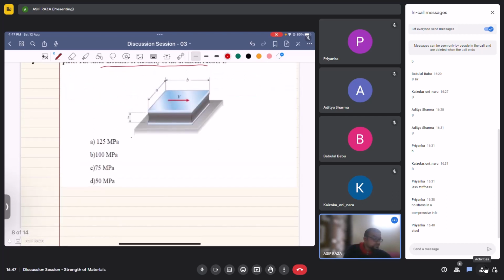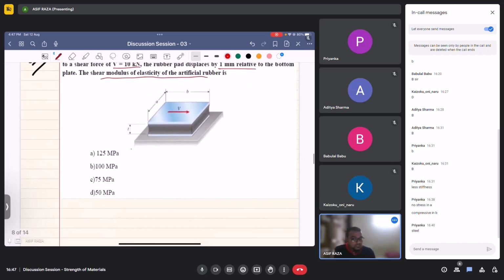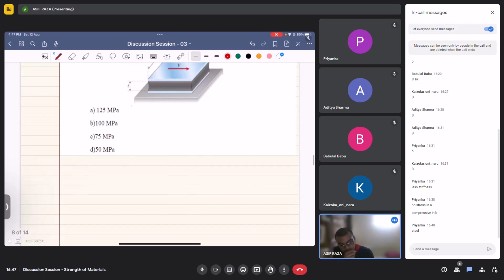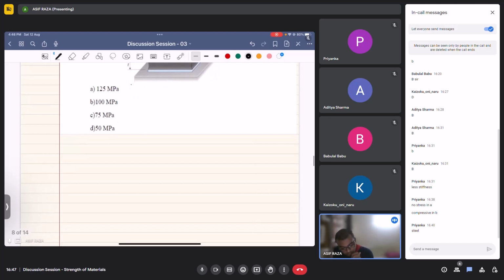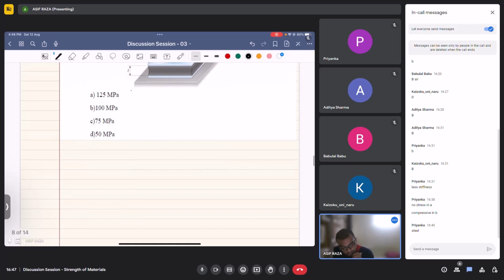I'll give you time to work this out, and let me know the correct answer. Rather, let's do it step by step. I'll ask you the answers step by step. So we need to find the shear modulus of elasticity.